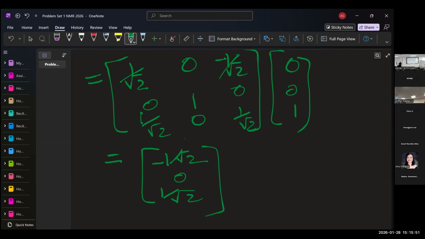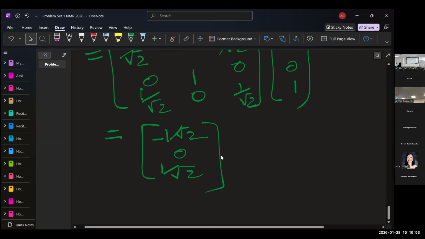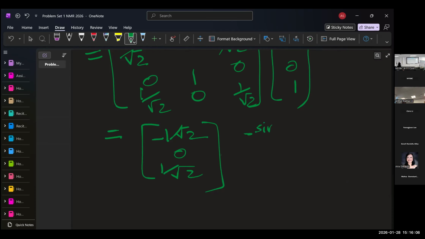And the start is always going to be a cosine. So the Z component at the end is going to be cosine in the Z position, and the X position is going to be minus a sine. So I could write that down without thinking about the matrices themselves.